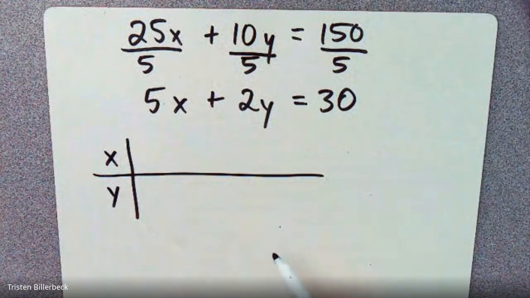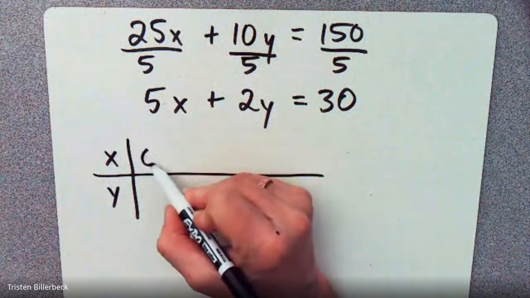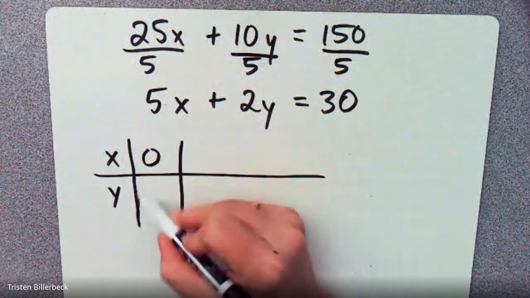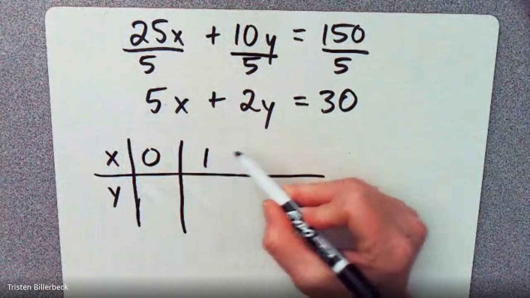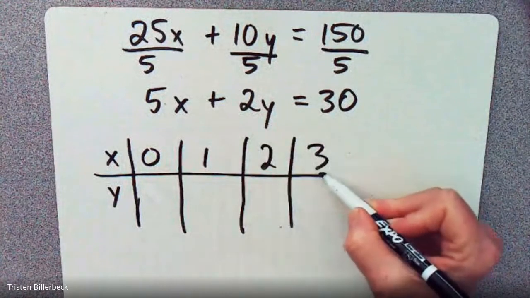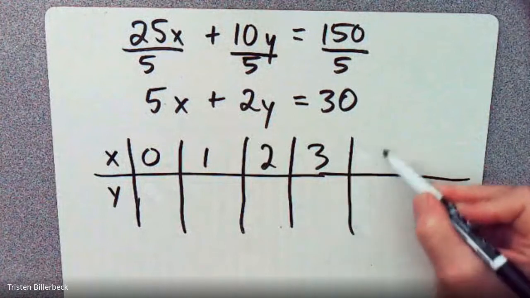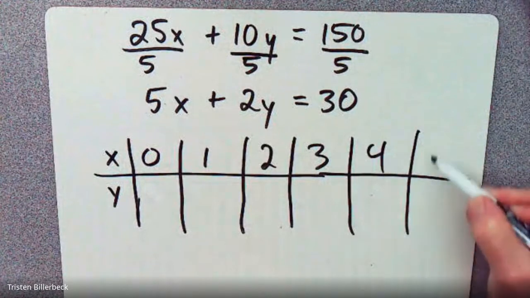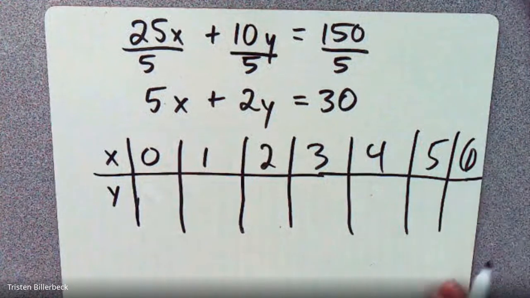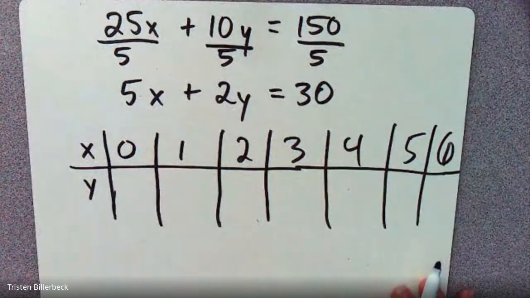We could have 0 reserve seats, or 1, 2, 3, 4, 5, or 6. So we have a few options.